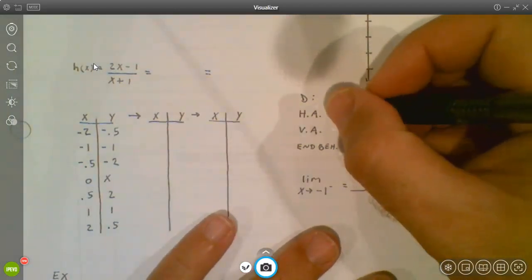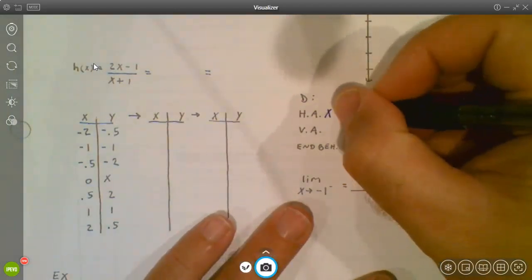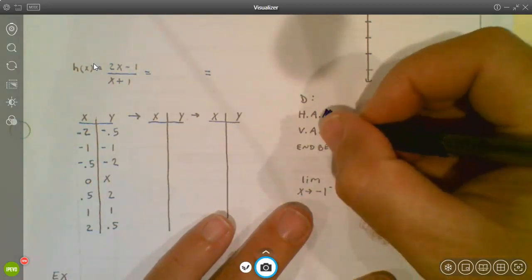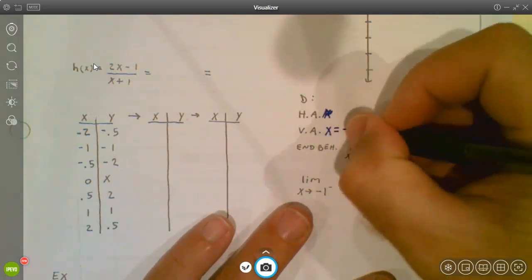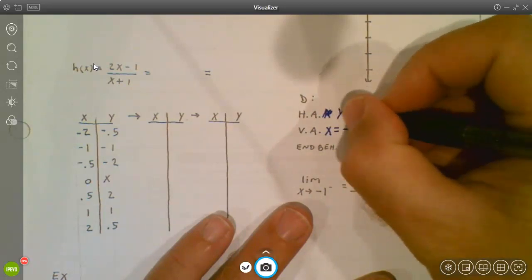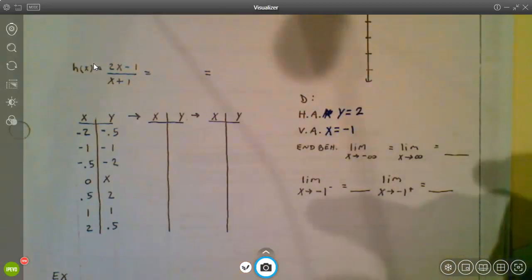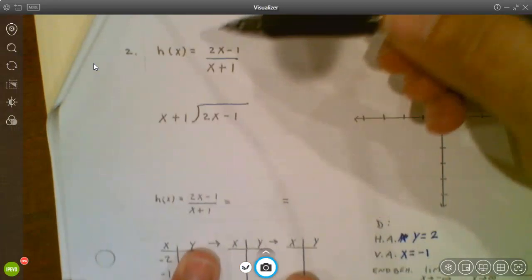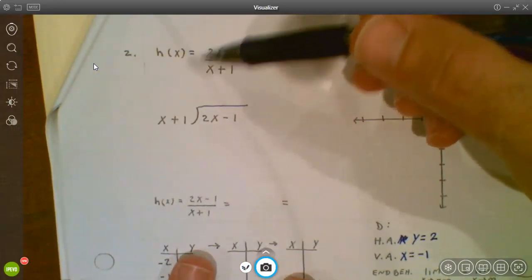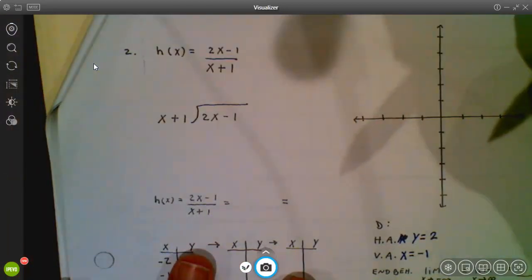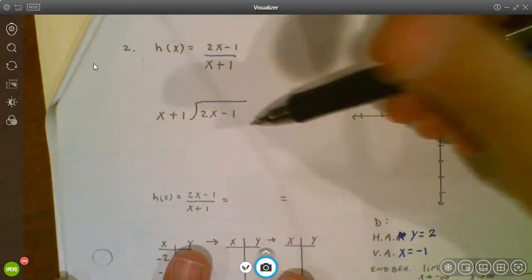So for the vertical, we said x equals -1. Sorry, that was the vertical. Horizontal is going to be y equals 2. I had given us rules for that, but again, I think it's going to be helpful to be able to identify that as we set it up after long division.